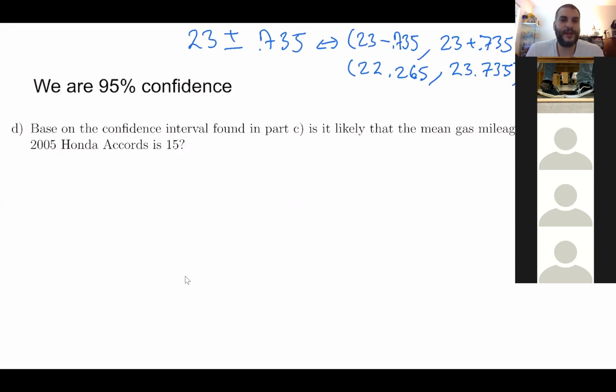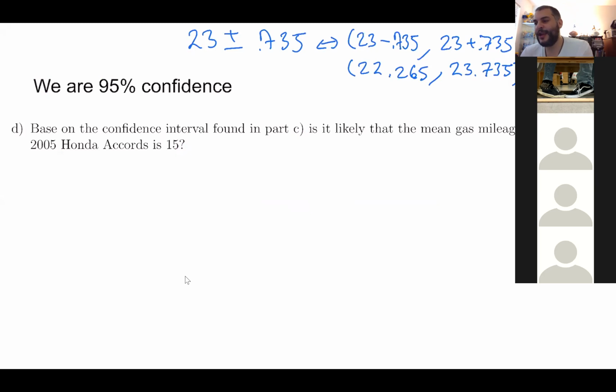The next thing you want to write is what the mean represents. You don't want to say just the mean. You want to say what this mean represents in the context of the problem. For this one, the mean represents the miles per gallon a car gets.